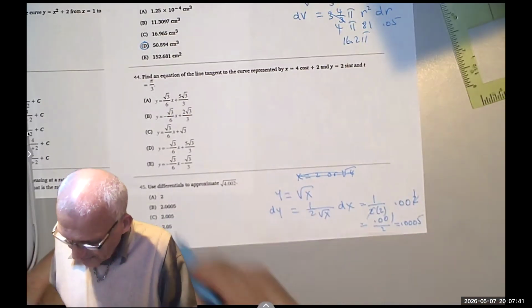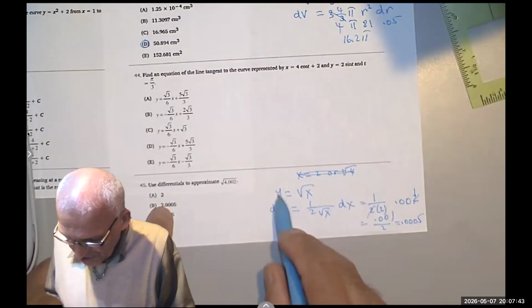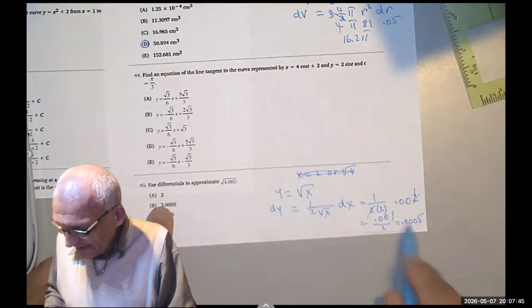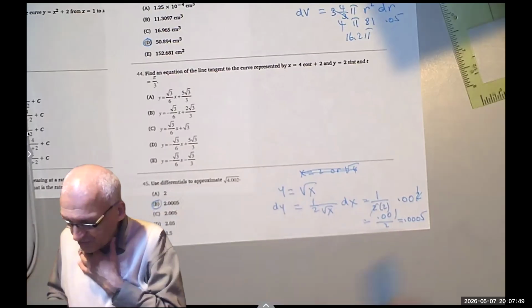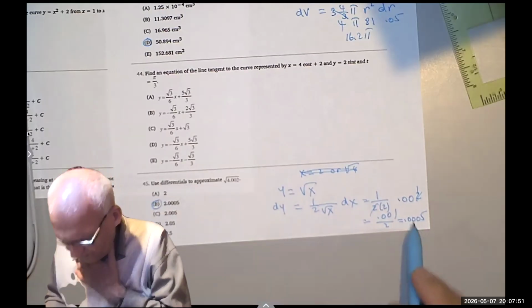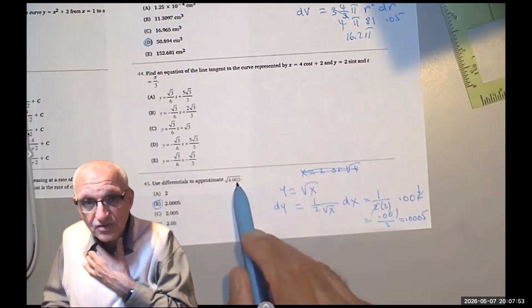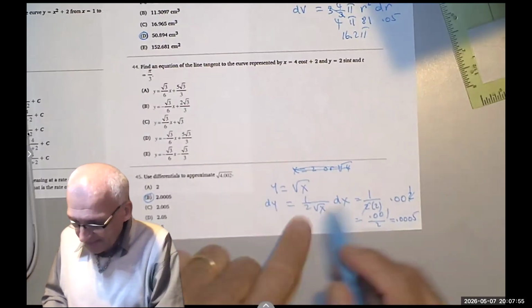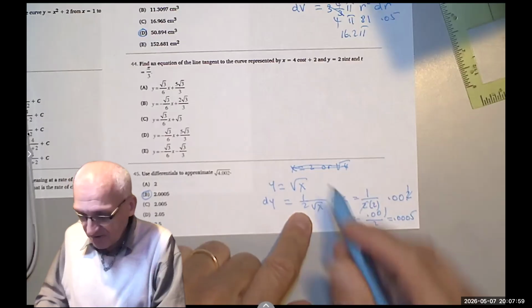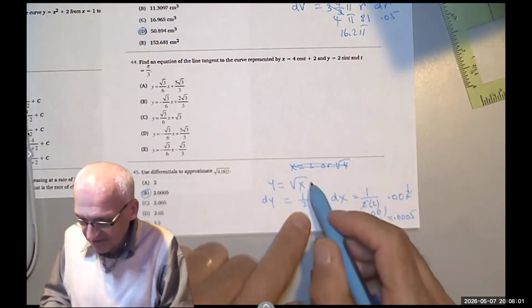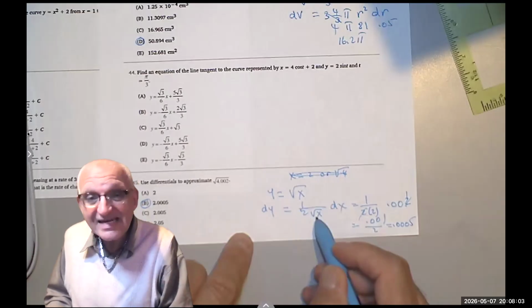So to the 2, which was the square root of x, we add 0.0005. Because this is 0.002, you multiply by 1/2 over the square root of x, which is 2, right? Because this is x to the 1/2, its derivative is 1/2 x to the negative 1/2.